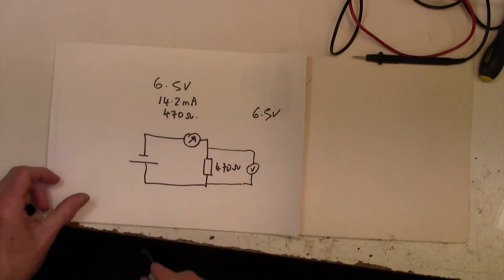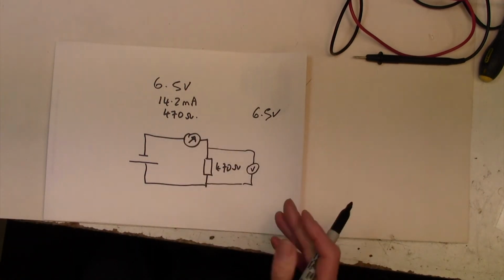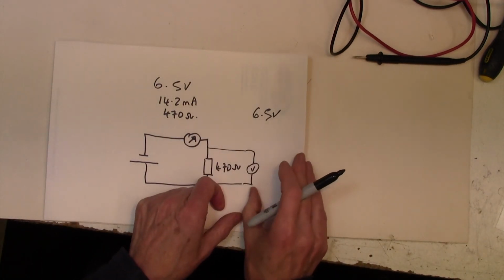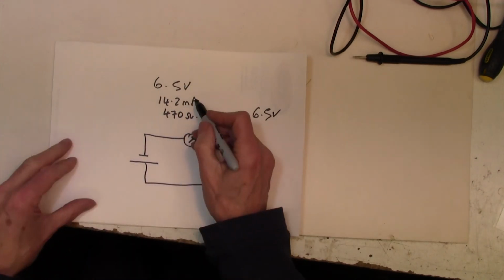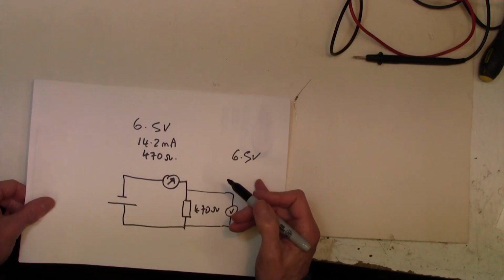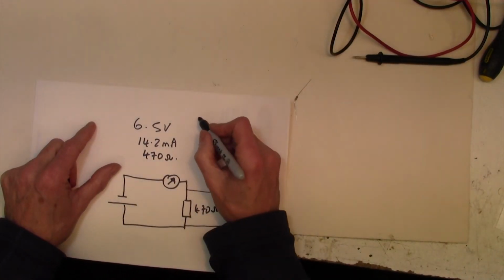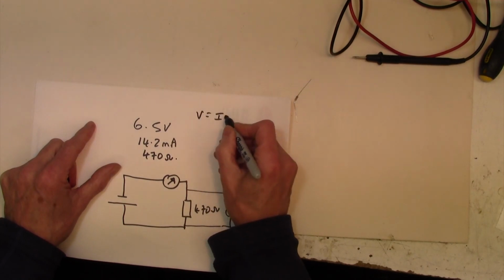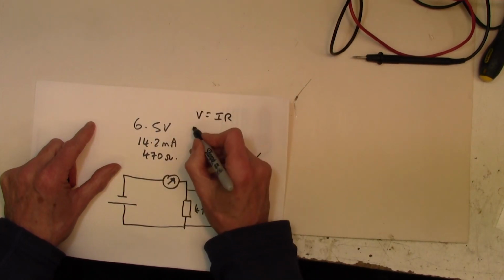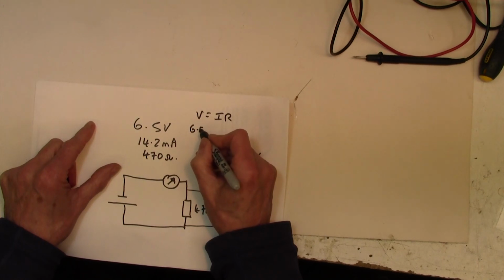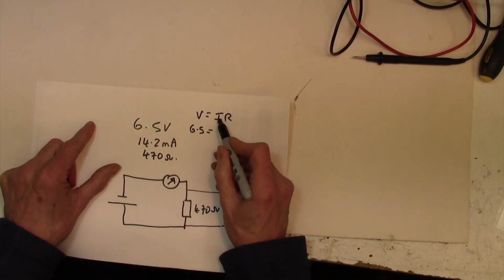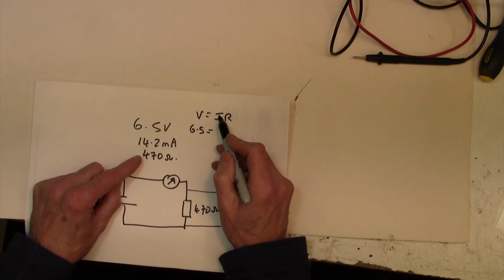Let's plug these numbers into Ohm's law and see if they come out. They won't come out exactly right, but let's see if it kind of works. So volts, amps and ohms. We need to be a little bit careful with our units here. Remember, V equals IR. V's easy, that's 6.5 volts. Let's be a little bit careful with the current. It's always in amps.